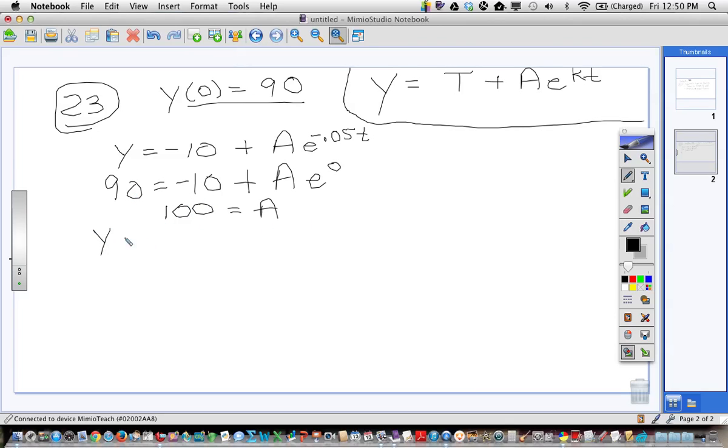So you're going to get an equation that is, for Boris, that would be this. And Natasha's would be the same, except she's going to have a -0.08 in it. And then when they go inside the store, what's going to change? -10 will be 25.